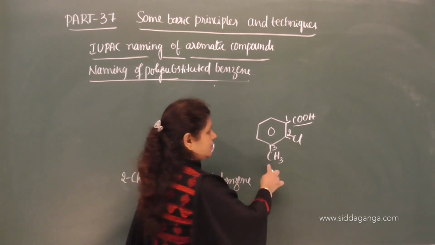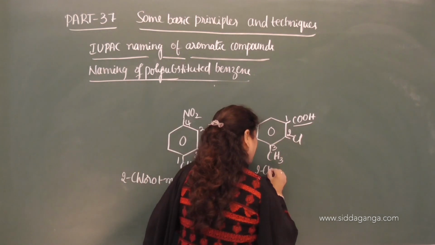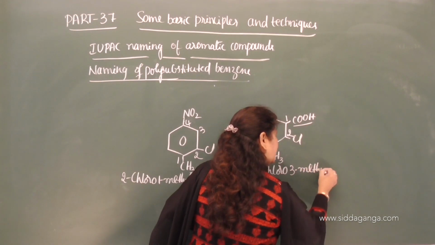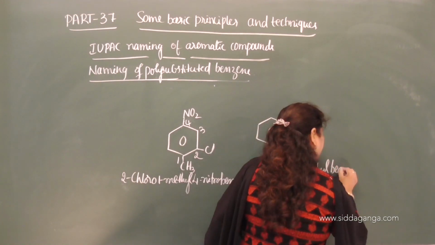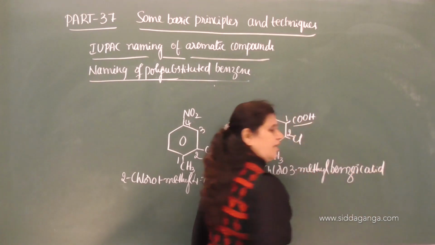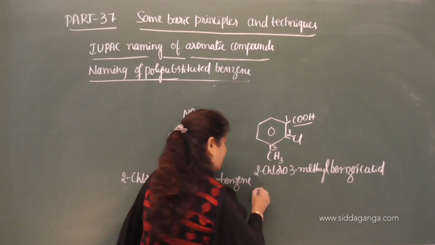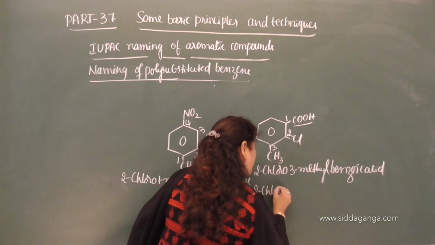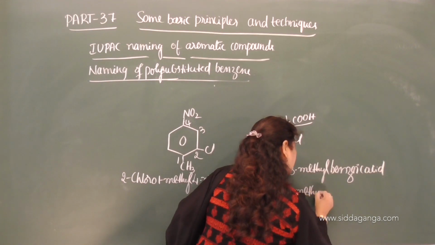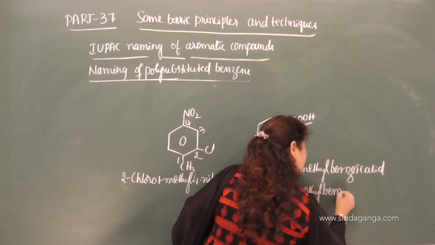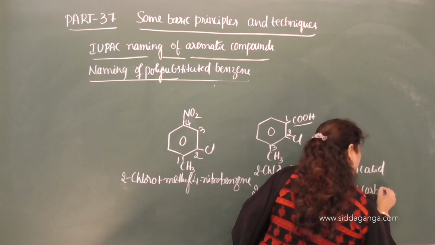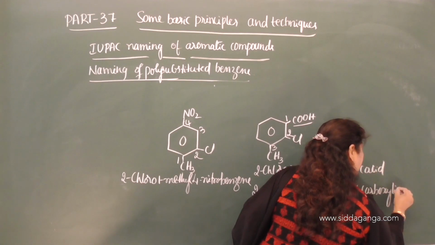Now arrange these two substituents in alphabetical order. 2 chloro, 3 methyl, benzoic acid. Benzoic acid, or else you can name it as 2 chloro, 3 methyl, benzene, 1 carboxylic acid.